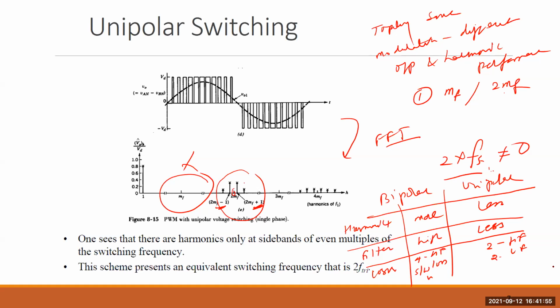So that can reduce your filter requirement, your heat sink requirement, and improve your efficiency also. So this is the effect of modulation. The circuit remains the same, but a different modulation scheme can result in different performance of the power electronic circuitry, because modulation is the key to control the switch. And that can result in different performance.